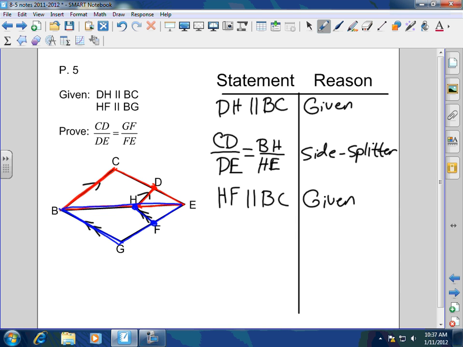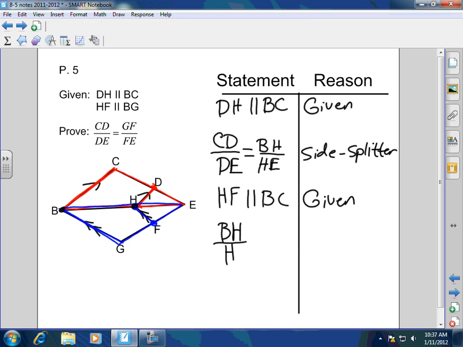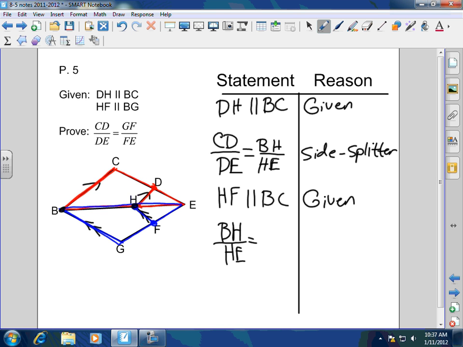So we have side splitter again, correct? So wouldn't I have in this case BH to HE equals GF to FE. Is everyone with me so far? And that'd be side splitter as well.